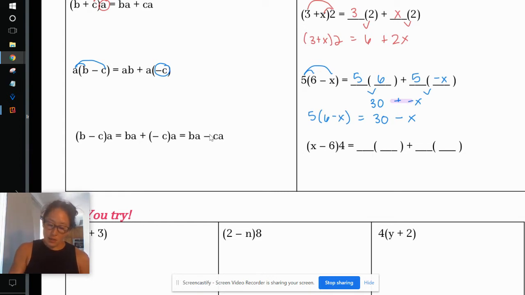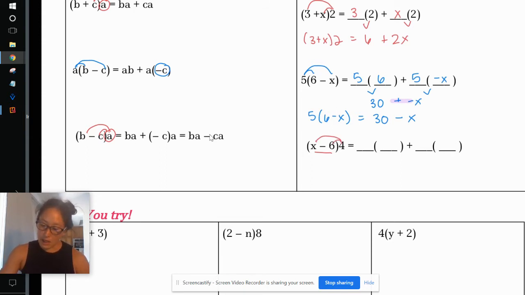All right, last one. The number is on the back side of the parentheses. I'm multiplying x minus 6 as one number times 4. So I can't combine x minus 6, so I'm going to go ahead and multiply the 4 into the parentheses. Can I simplify x minus 6? No, they are not like terms, so I'm going to multiply in the 4 to both terms.